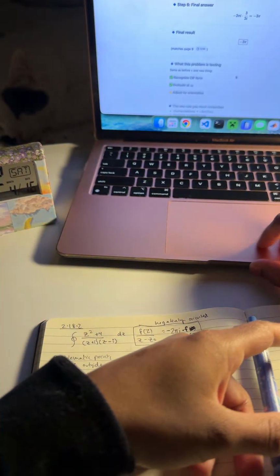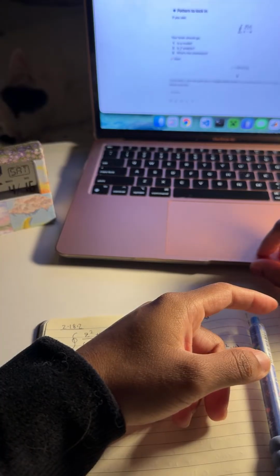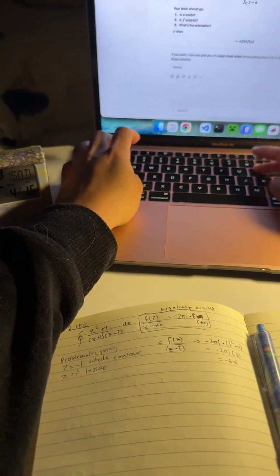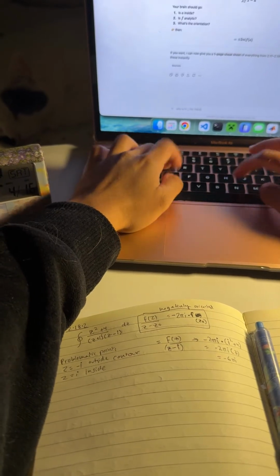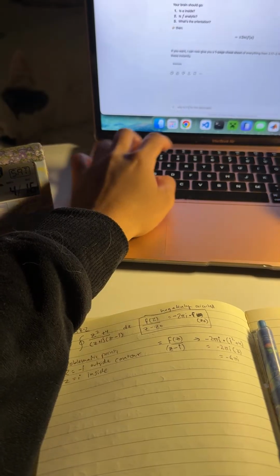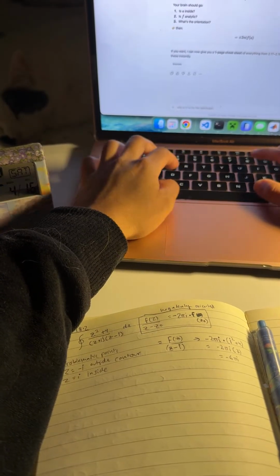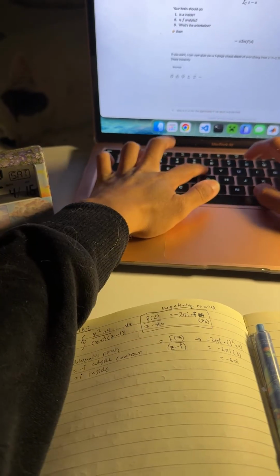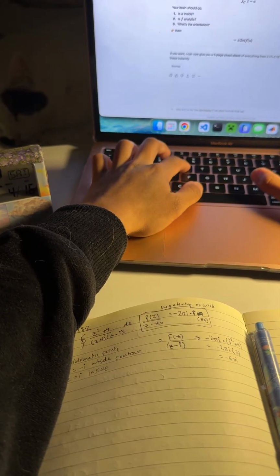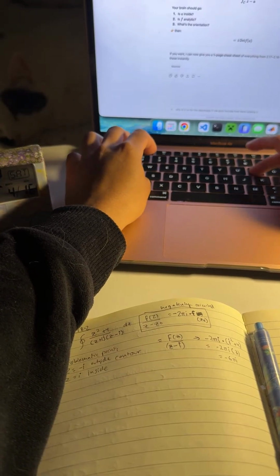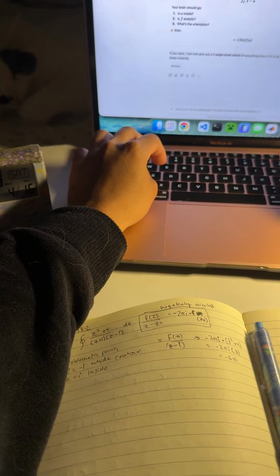Why is it i plus i? Why is it i plus i for the denominator? If we don't include that, we're looking at i minus i.